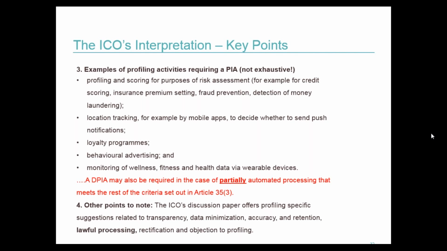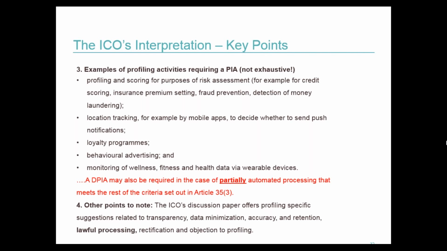And just finally to note, obviously the feedback paper covers a wide range of topics, and I haven't got time to go into all of them now. There were just two things I wanted to mention before finishing, and that is that in relation to transparency, the ICO states that information that should be provided to individuals about how profiling might affect them can be general.